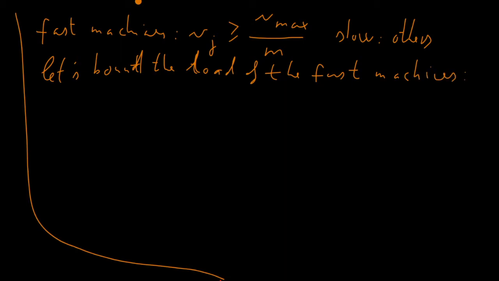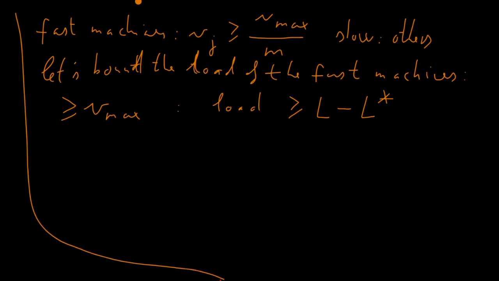If we have a machine which has speed at least V max, then its load is at least L minus L star. Well, this was lemma 1.